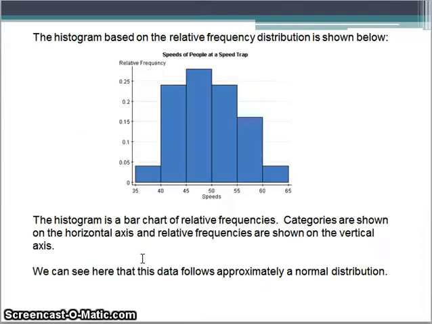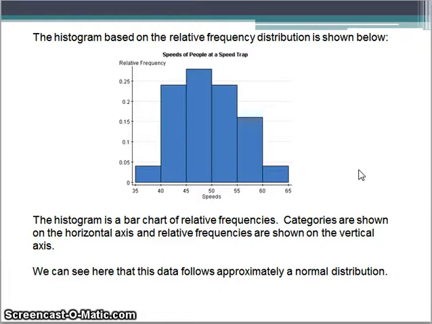All right. Okay, so the histogram, and to see how this histogram is drawn, there'll be a video posted on how to do this in StatCrunch. This is what the histogram looks like. So you'll see 35 to 39, you've got 4%. 40 to 44, it's 24%.